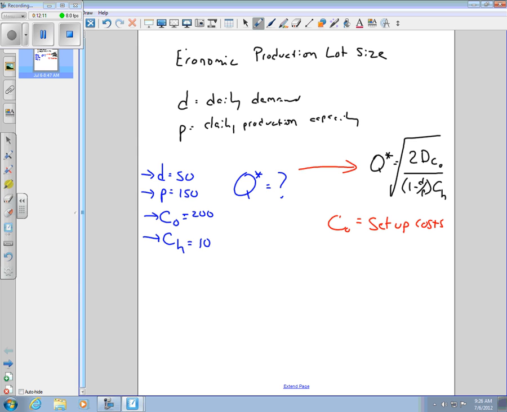Now, if I plug that into my formula, I get Q star equals the square root of 2 times, I didn't include annual demand. Let's say annual demand is 1,000. Well, no, that's not right.